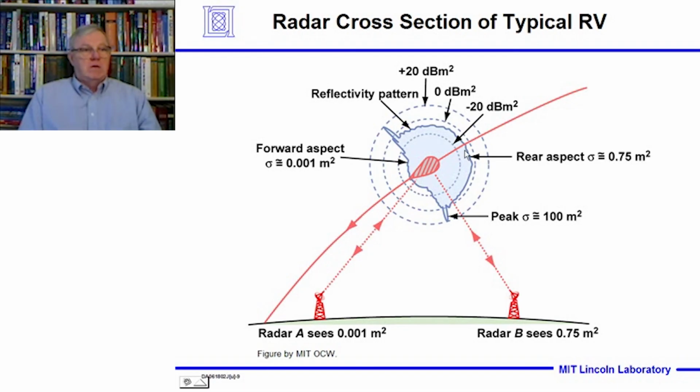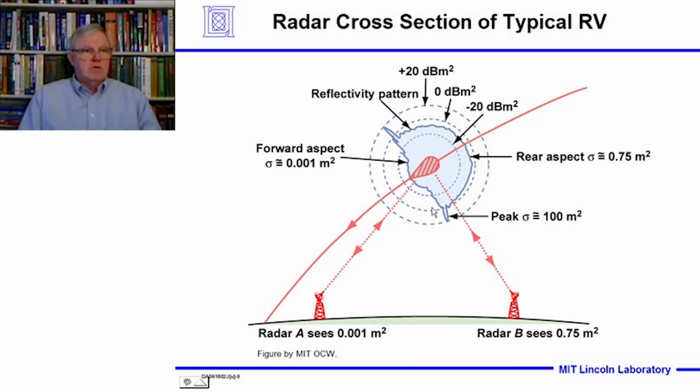Okay? Now here are the rings that we've marked in dashed lines: values in cross-section relative to 1 dBsm, relative to 1 meter squared, and they're marked in dBs. So this is really a log scale, and each ring of the circle is an order of magnitude greater in cross-section.